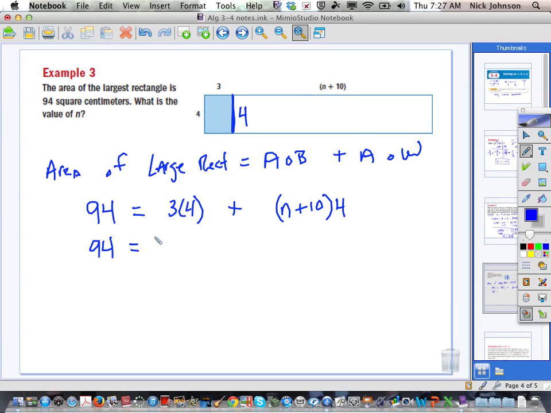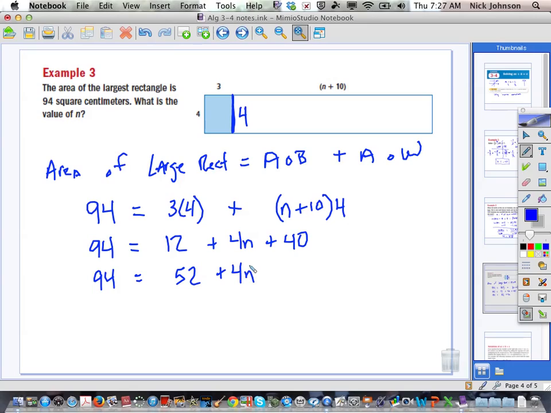To get rid of the parentheses, 3 times 4 is 12. 4 times n is 4n. 4 times 10 is 40. If you look on my right-hand side now, I have like terms, 40 and 12. 40 plus 12 is 52.